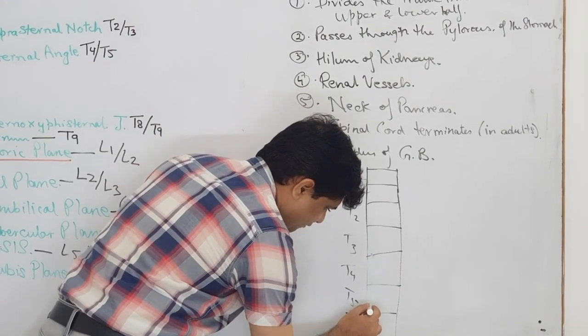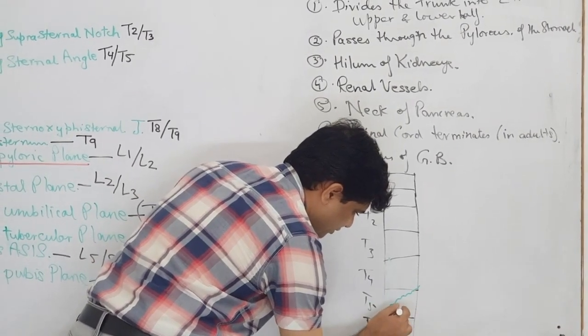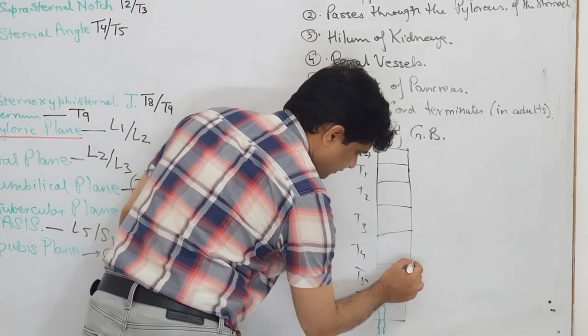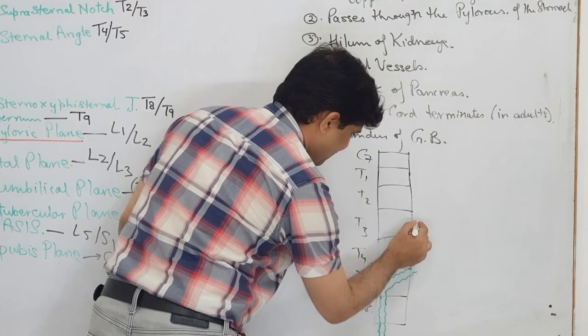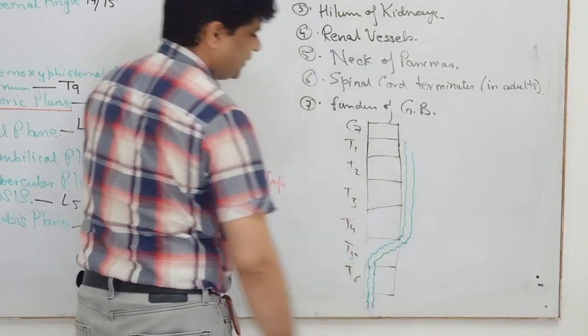When it reaches the 5th thoracic vertebra, it moves to the opposite side. It crosses the spine like this at the level of T5, and then it keeps ascending on the left side of the spine like this.